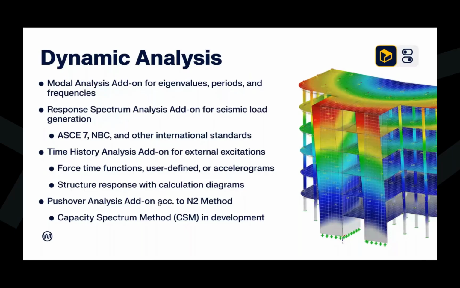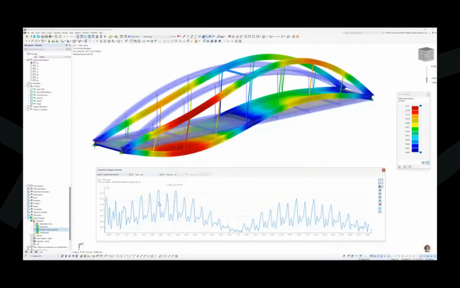And I'll go ahead and jump to the next slide quickly just to take a look at this. So something like a pedestrian bridge, for example, this was done to emulate somebody walking across this structure. Well, we can always view the response at other parts of the structure, so a particular node or a particular member. Maybe we want to look at the deformations over time, the accelerations. You can create multiple calculation diagrams for this time history analysis and the result output.